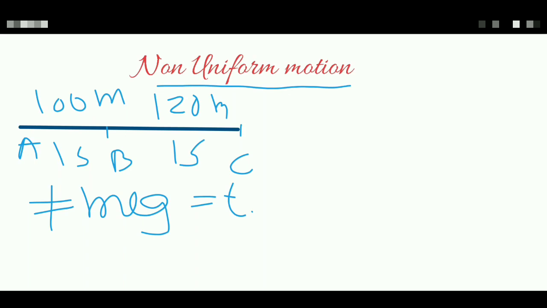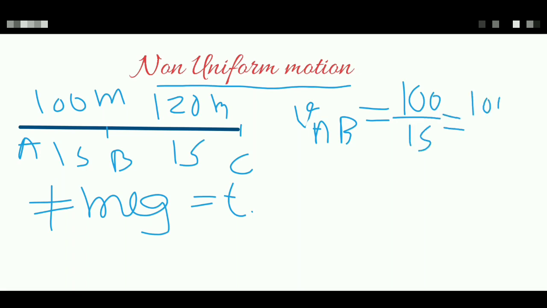Now, if someone asks what the velocity is, so, the velocity of cross section AB. Can I write V of AB is equal to 100 meters within 1 second? That means 100 meters per second.